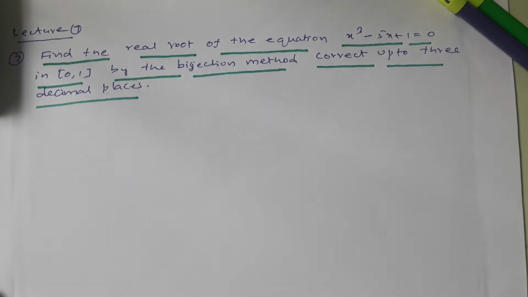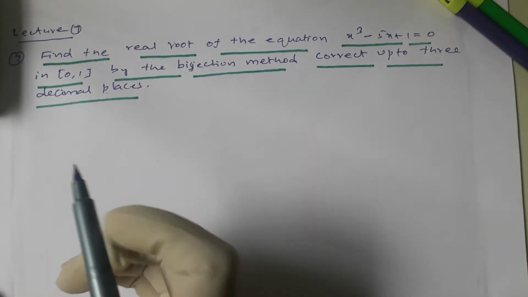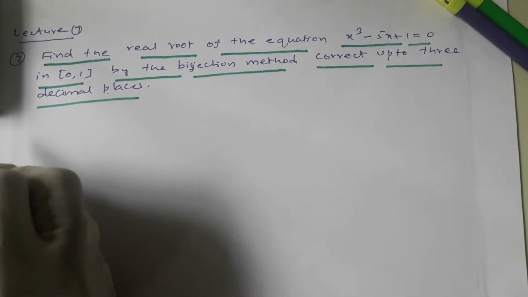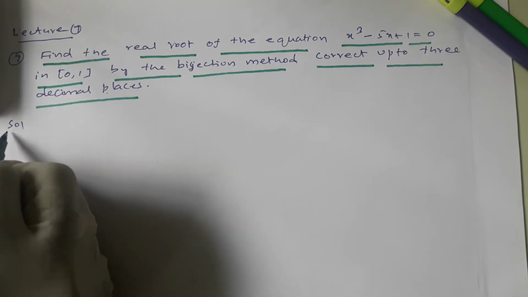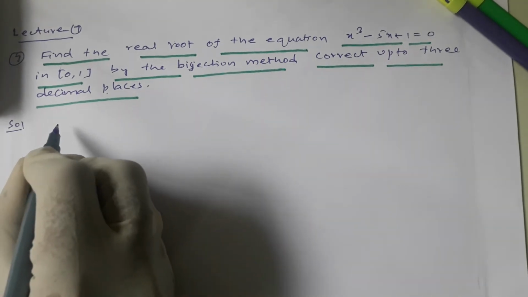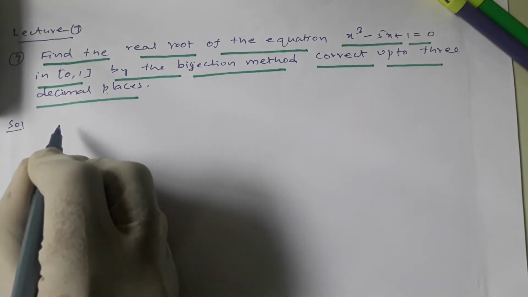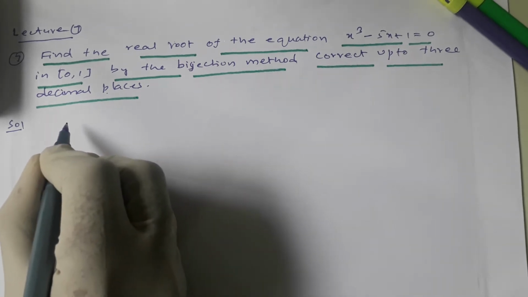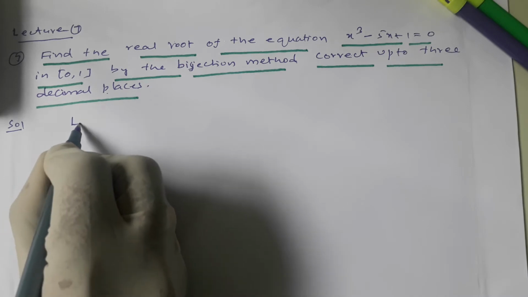The approximate root of the equation is up to 3 decimal places. The solution follows a similar procedure to what we discussed in previous problems. Of course, a little bit is changed in this.